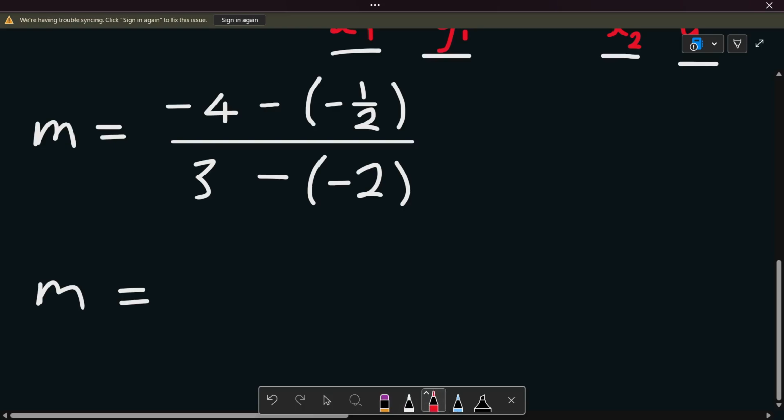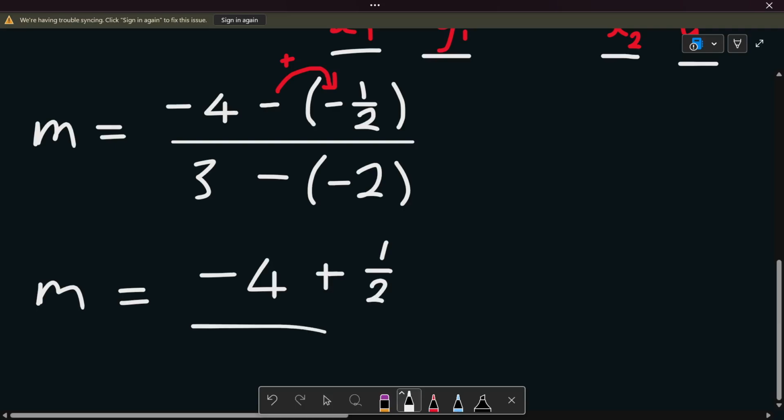So therefore, for this one, we can say that this negative multiplies into this bracket such that we get a positive value in that case. So I'm going to do it step by step: -4 plus 1/2. Because the negatives multiplied by each other give us 1/2. A negative and a negative gives you a positive.